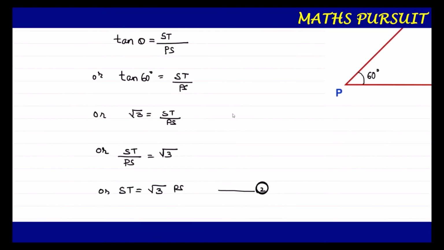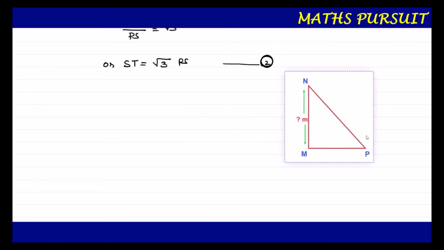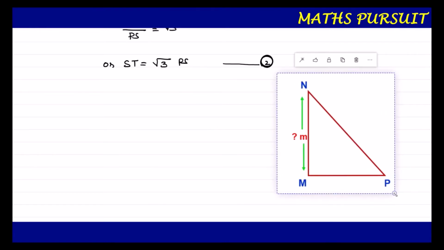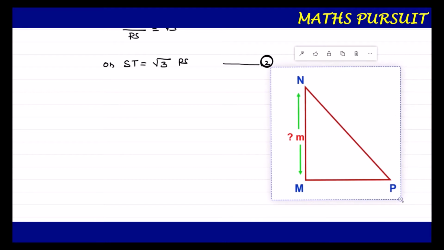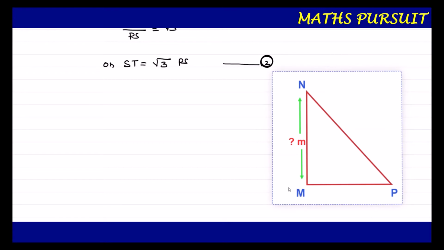If we look at this triangle that I have inserted here in my question, we will see that this is the same triangle that I have extracted from the original diagram. If you remember the figure MPN, the angle P here was 30 degree. Here the angle formed is 30 degree.